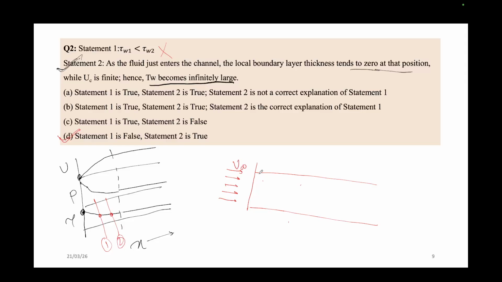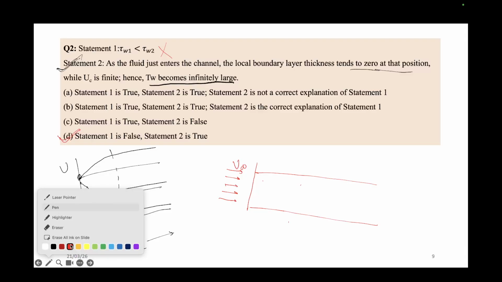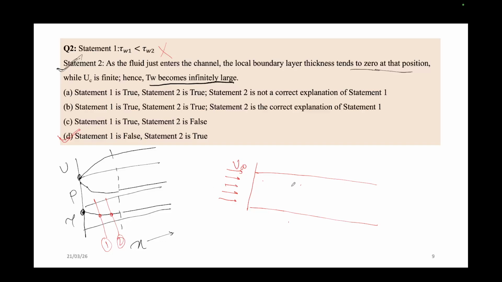Once it enters this tube, it comes in contact with the wall, right? Because of this there is a friction. Because of this friction, what will happen? The velocity at this point is almost 0 or tends to 0, but after this the next layer has the maximum value.